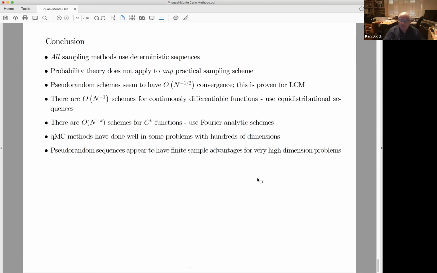Anyway, ending up at pretty good time here now. So that is the situation here for integration. There are the classical integration rules that I showed you, based on, first of all, Newton-Cotes and then their product rules.